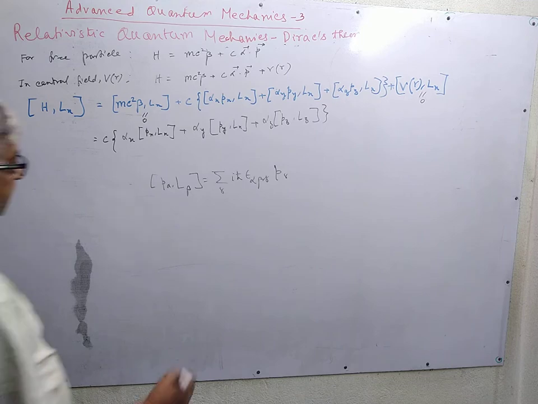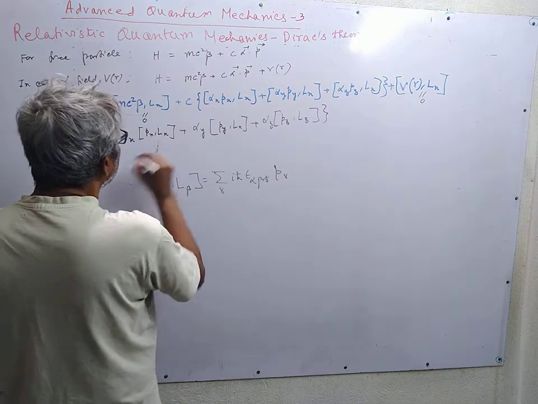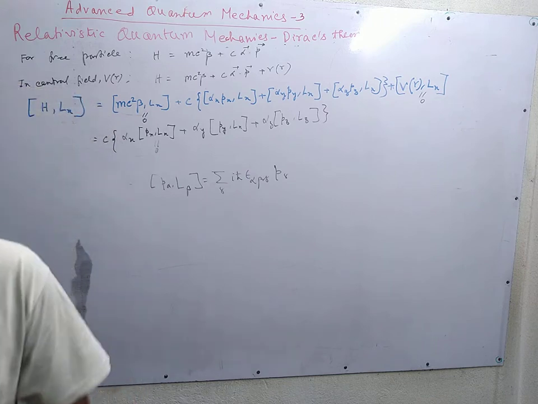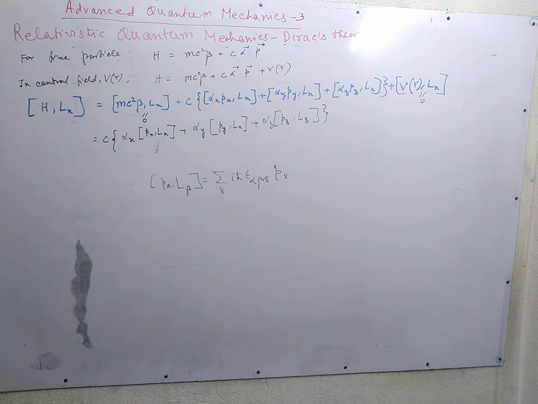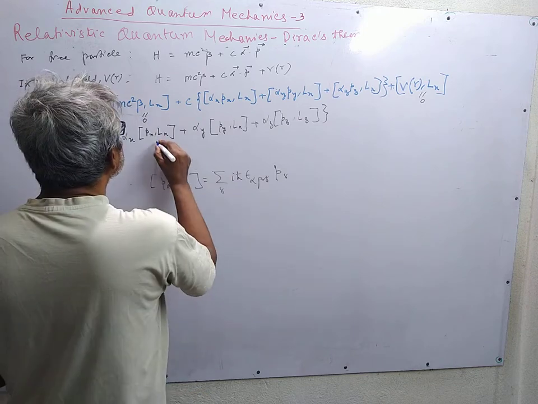So in this sense, this is 1 1, which is 0, because the Levi-Civita tensor with repeated index gives us 0 value.